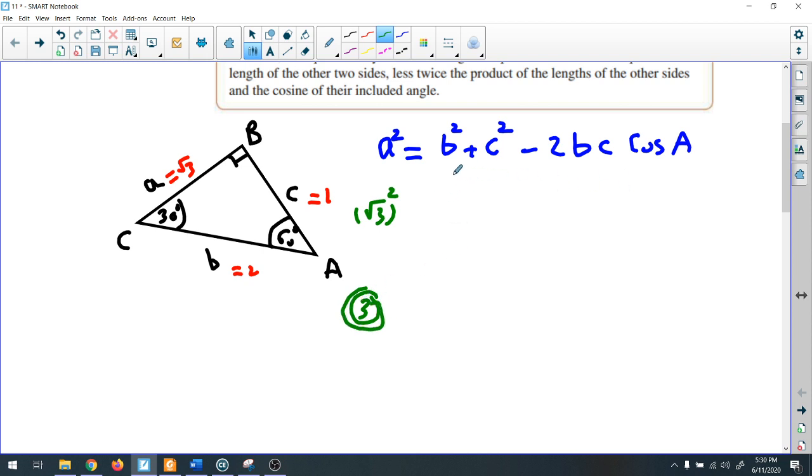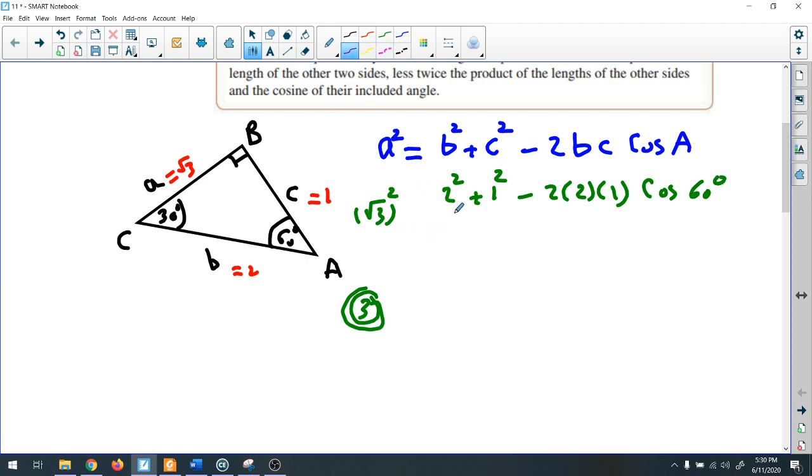Go over the right side. B is 2, so 2 square plus C is 1, square, minus 2 times B is 2 times C is 1, cosine of angle A, which is 60 degrees.